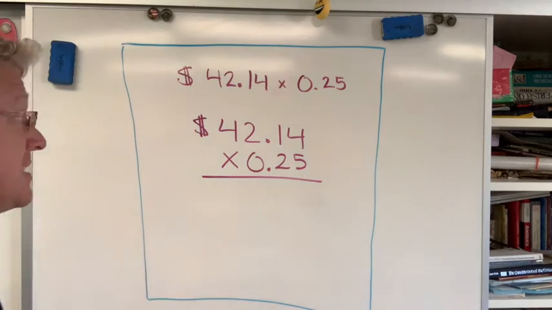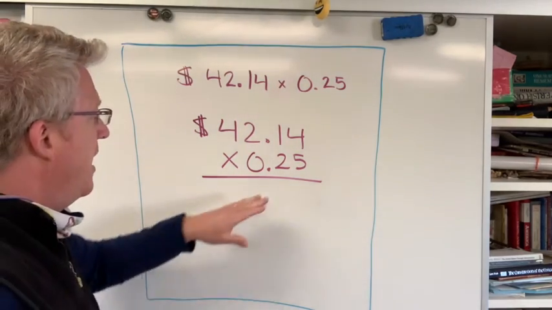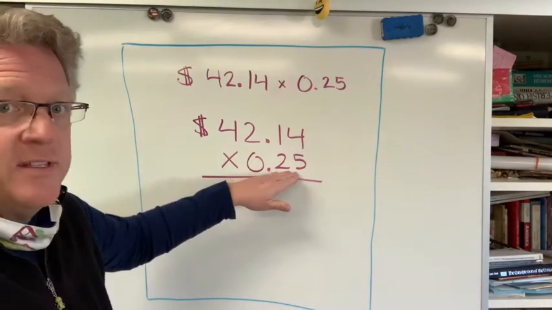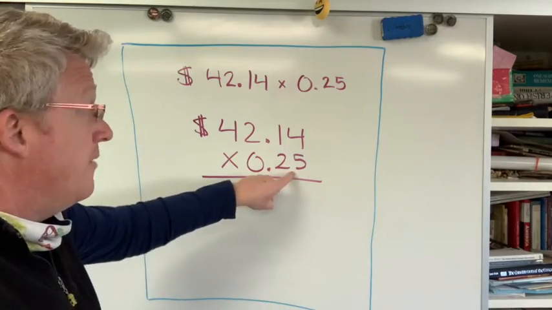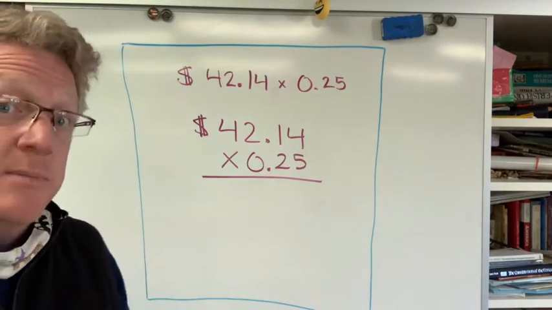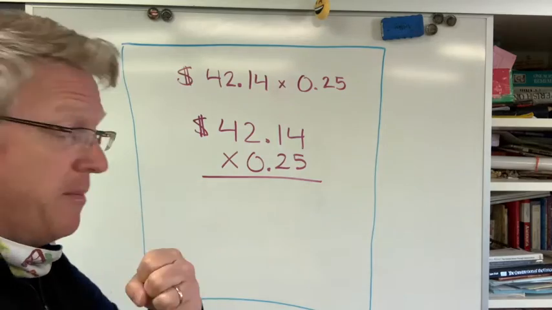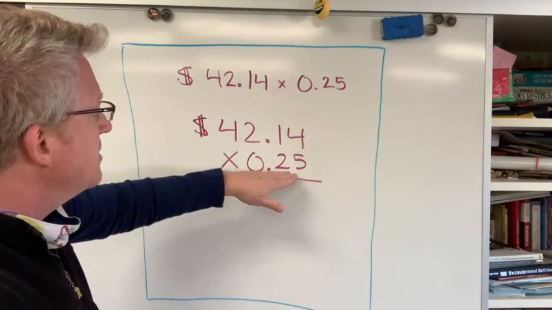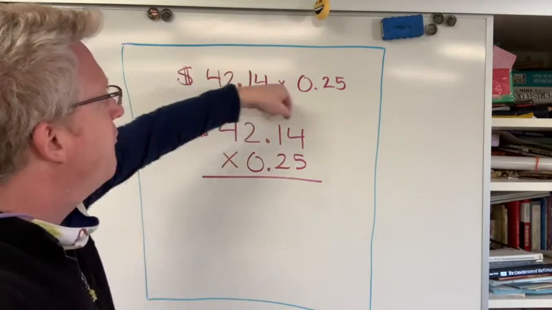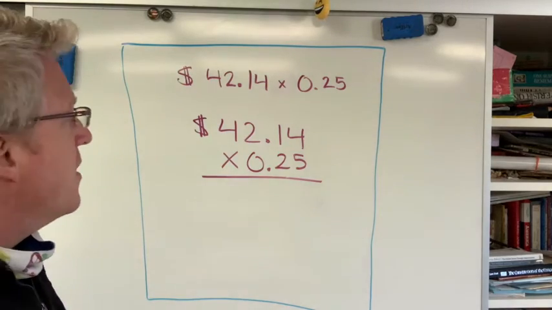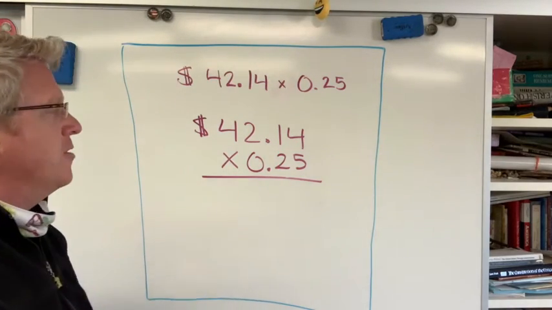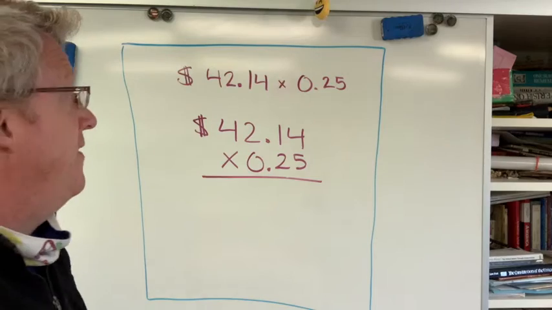So our estimate, right? 25 hundredths. Please remember that that's the same thing as 1/4. That's one of those benchmark decimal fraction percents that I want you to keep in mind, right? So this is 1/4. What is 1/4 of this $42.14? What's 1/4 of that?